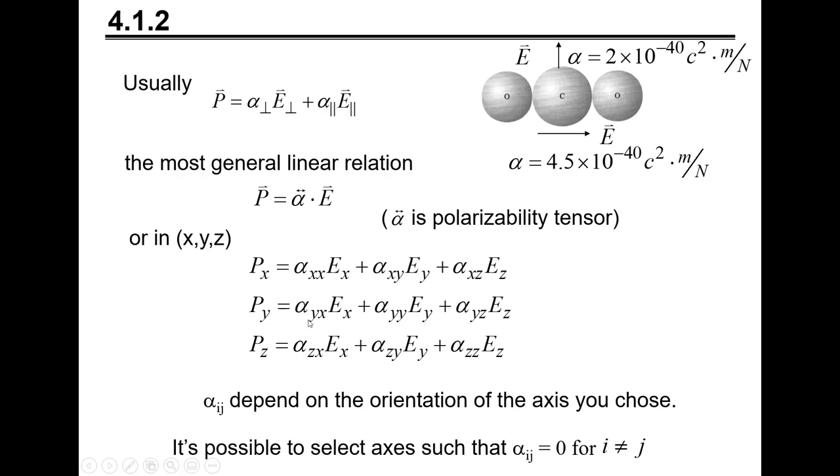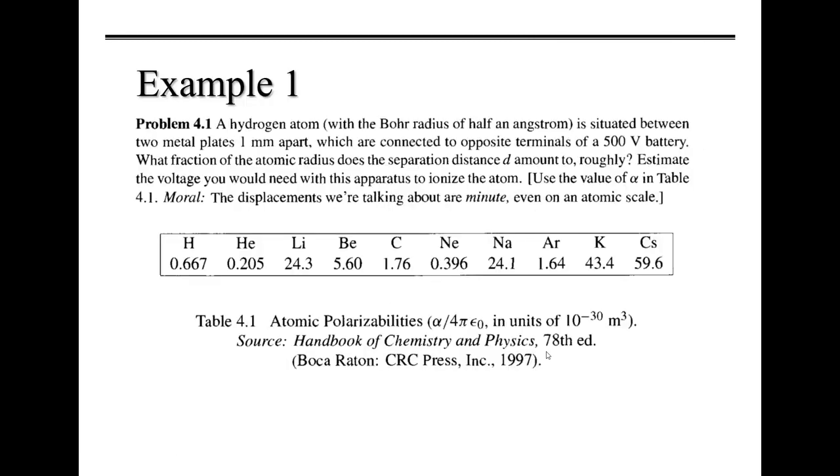What remains is Px equals alpha xx Ex, Py is equal to alpha yy Ey, and Pz equals alpha zz Ez. Okay? So those constants will become 0, depending on the orientation of the axes.